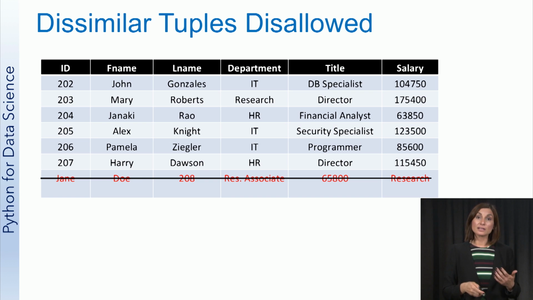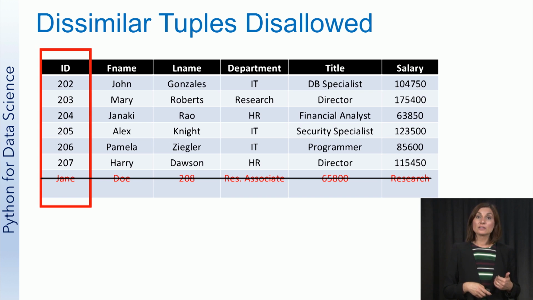The schema in a relational table can also specify keys. The first column says that ID is a primary key. This means it's unique for each employee. And for every employee, knowing the primary key for an employee, we also uniquely know the other 5 attributes for that employee, like first name, last name, department, title, and salary.